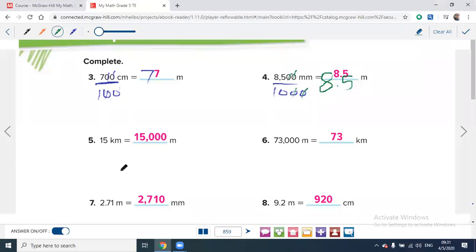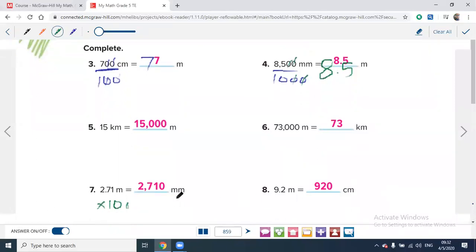Number 7, I have to convert from meter to millimeter. I have from large to small. I have to multiply or divide? Multiply. Multiply by what? 1000. Yes, 1000. Remember number 4, I divided by 1000 because I converted from small to large.